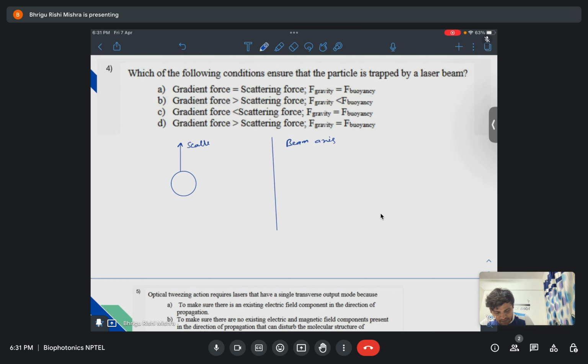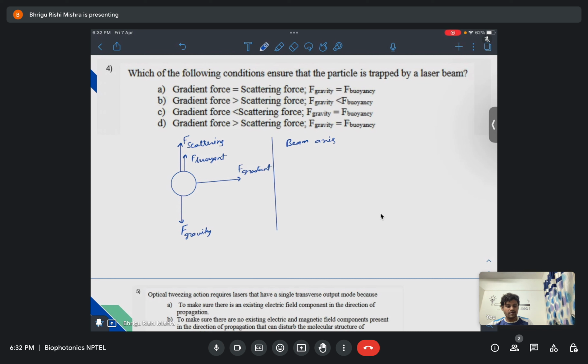Since it is suspended, there will be some gravity, F gravity, and also some buoyancy force, F buoyant, and the gradient is in this direction.